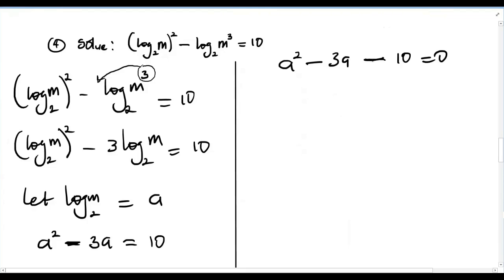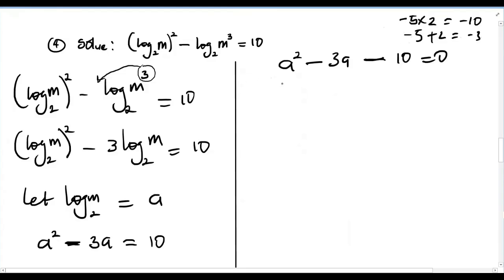Great. But since we have negative here and negative here, we'll consider the fact that the highest factor of 10 carries the negative sign. So that means we have minus 5 times what, 2, to give us what? Minus 10. And also minus 5 plus 2 to give us what? Minus 3. That's nice. Great.